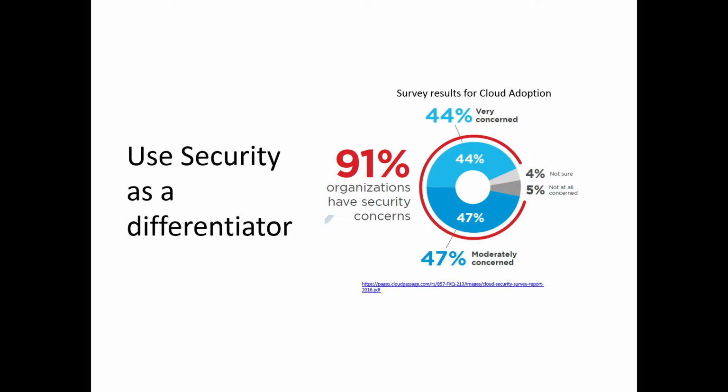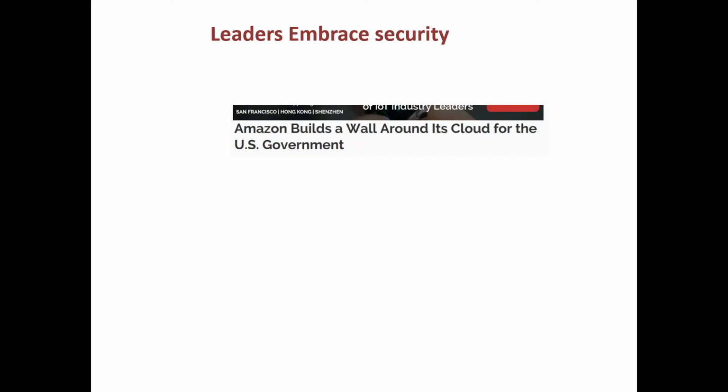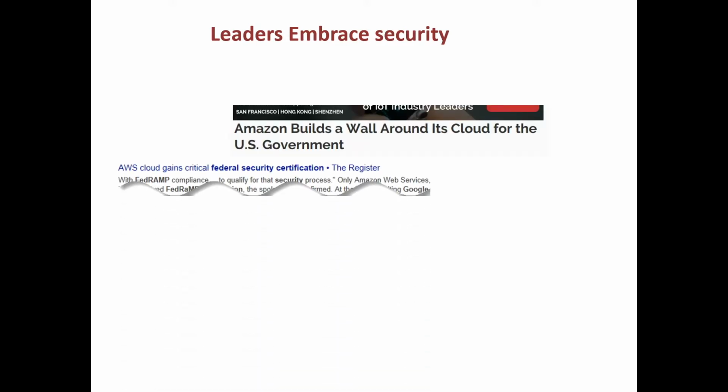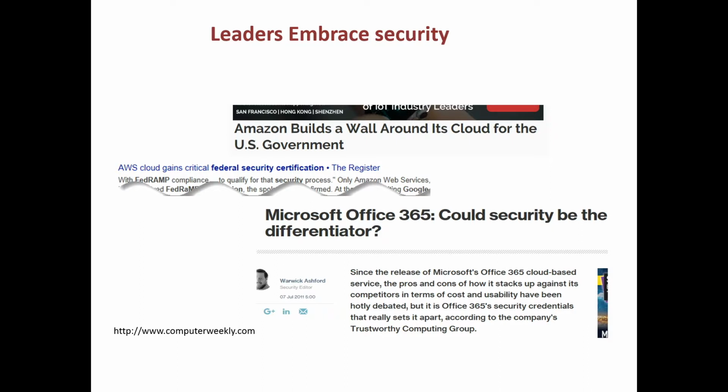So security can be used as a differentiator. And if you look at the leaders, these two companies, Amazon, we all know they are the leader in AWS cloud, and Microsoft, Office 365, they're always bringing the security concerns first. They're always talking about how secure they are, and they're using this as a differentiator.